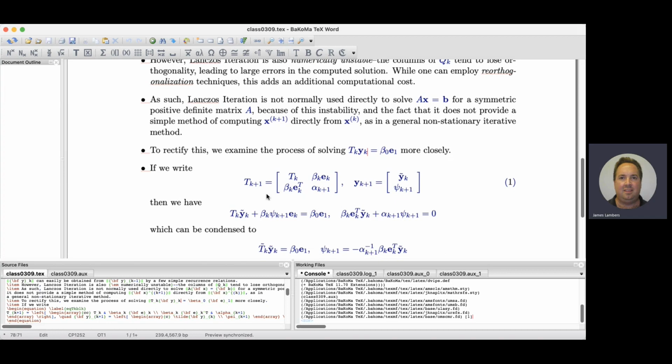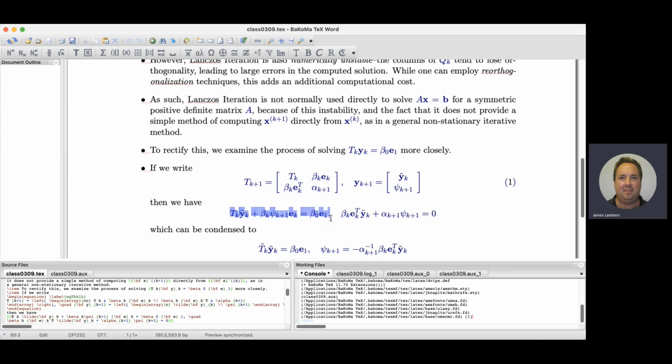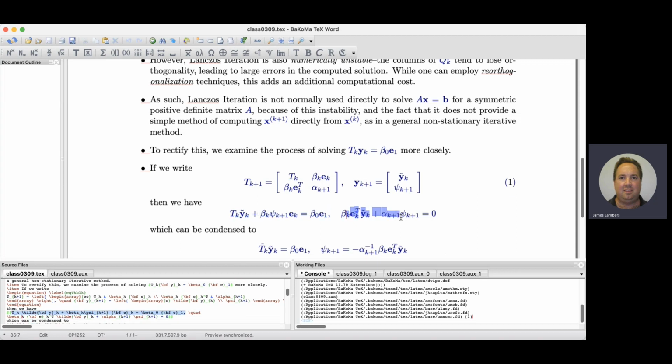So if I write out this system, but in the k+1 case, in terms of these block structures that we have here, then this is what we get. It's actually these two equations right here. Here we have a vector equation with k elements.